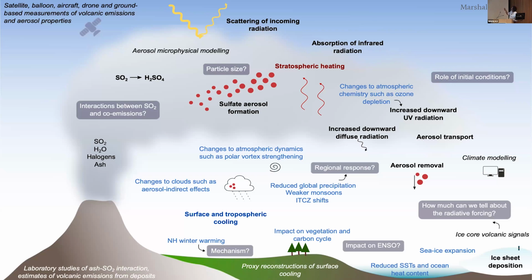This really nice review by Laura Marshall describes both what we know and what we still don't know, but essentially aerosols from explosive volcanic eruptions put sulfates into the stratosphere, which reacts and creates sulfate aerosols, which then change the radiative budget of the stratosphere and the troposphere by scattering incoming shortwave radiance back, which leads to surface cooling in the troposphere and on land, which then leads to SST cooling and changes in the ocean heat content, but also there's absorption of infrared from these aerosols that drive stratospheric heating, which can change atmospheric dynamics and also ocean dynamics.